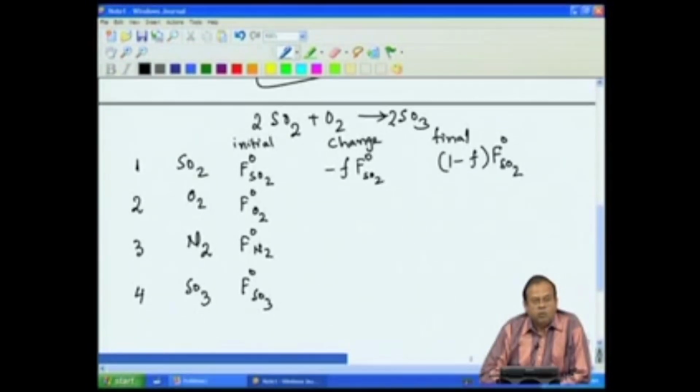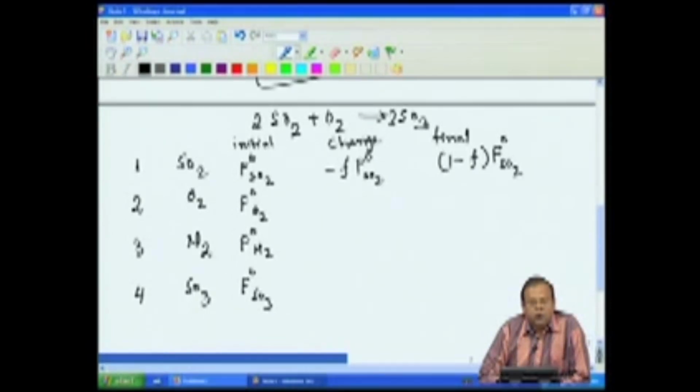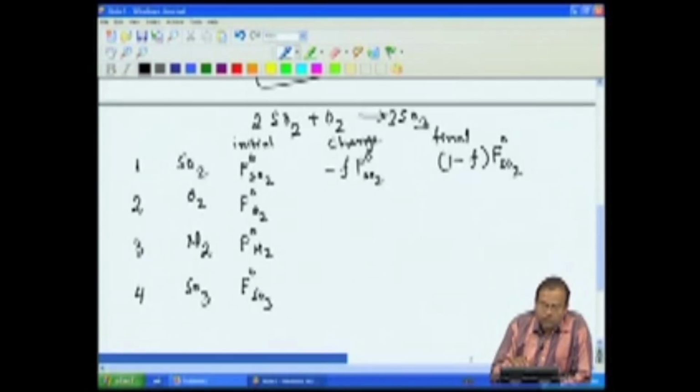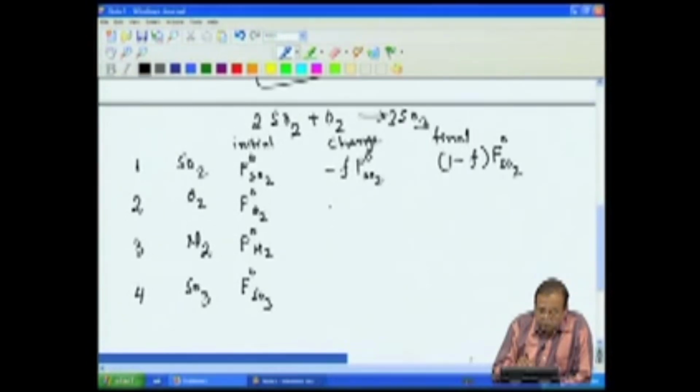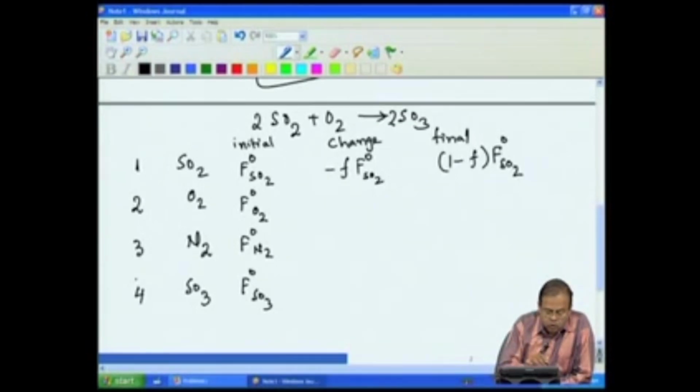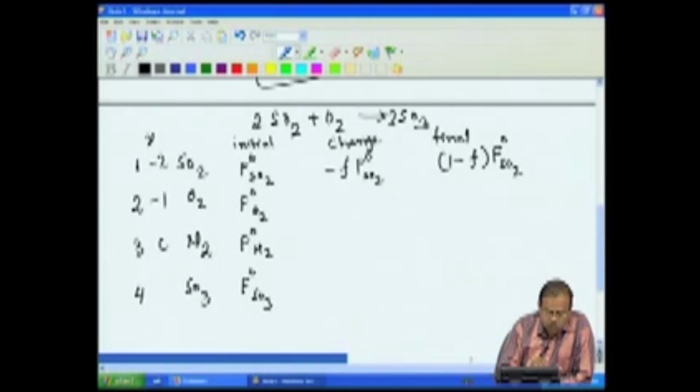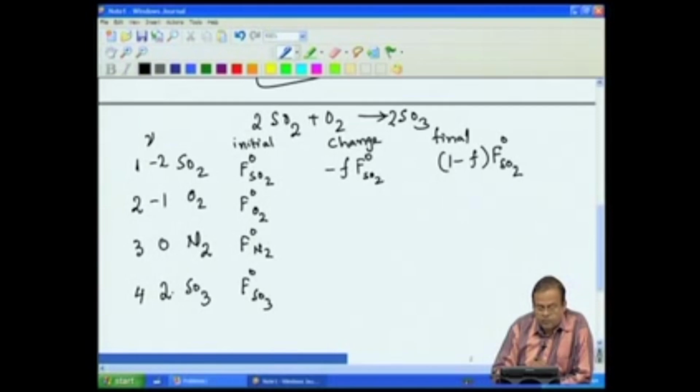Now, for every F into F naught SO2 that has changed, how much has oxygen changed? Strictly speaking, we need to identify my species. So, I can write here my stoichiometric coefficients nu for each of these species. So, that is -2, -1, 0 and +2. So, how do we set up the stoichiometric table?